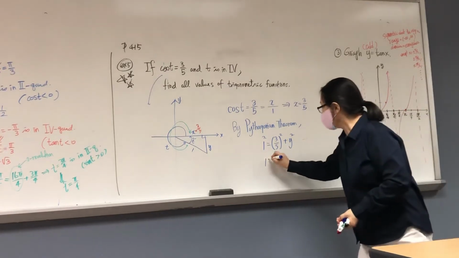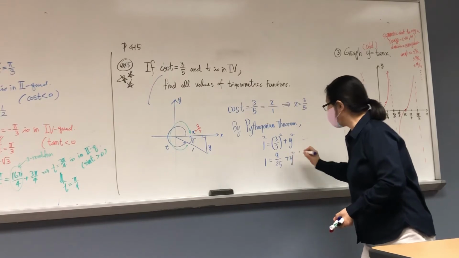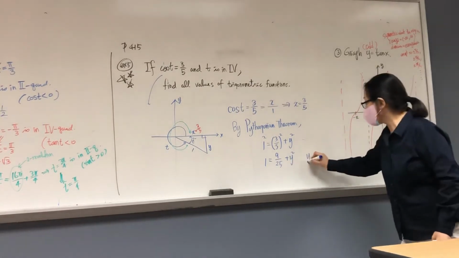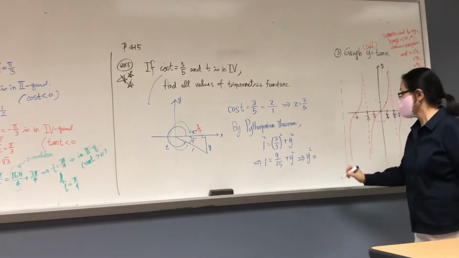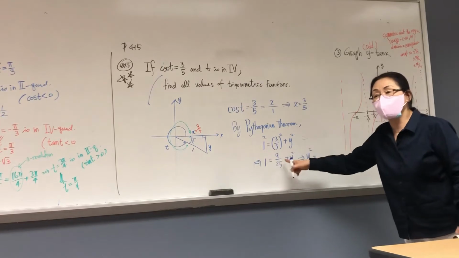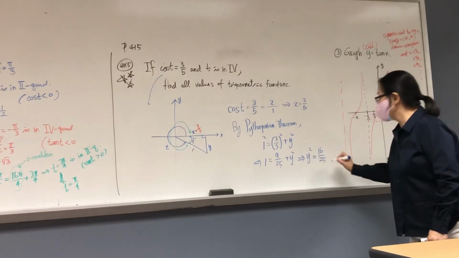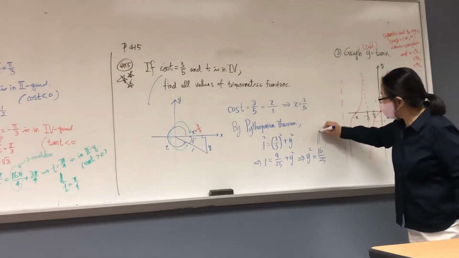Clean up: 1 equals 9 over 25 plus y squared. So y squared equals what? 25 over 25 minus 9 over 25 is 16 over 25. And then what is y?